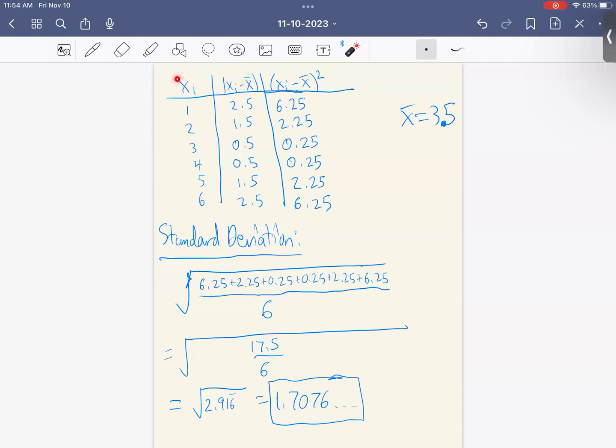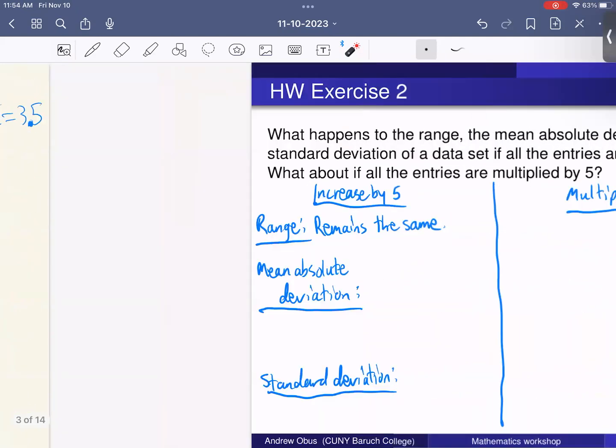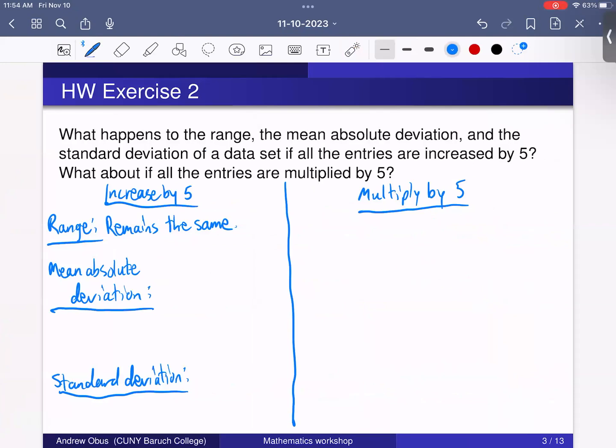So if we increase all of our xi's by 5, in this column everything stays completely the same, because the mean goes up by 5 and the entries go up by 5. And over here also, everything stays the same. So let me write that down. First observe, we know that this goes up by 5.